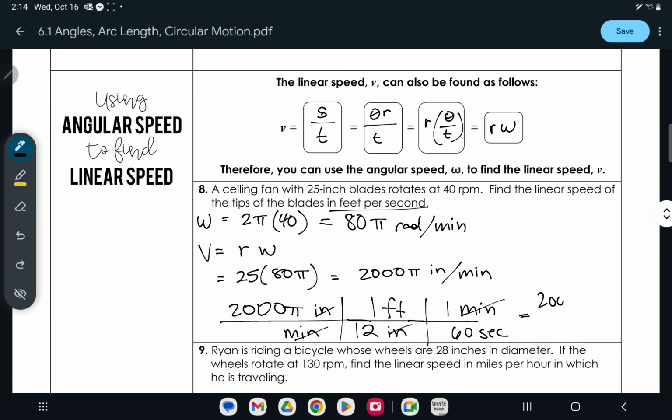So I get 2,000 pi divided by 12 times 60 to get my seconds. And that is about 8.7 feet per second. And there we have it.